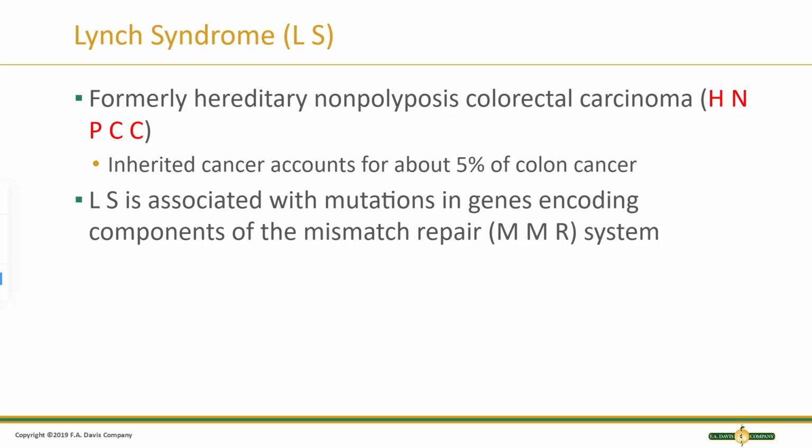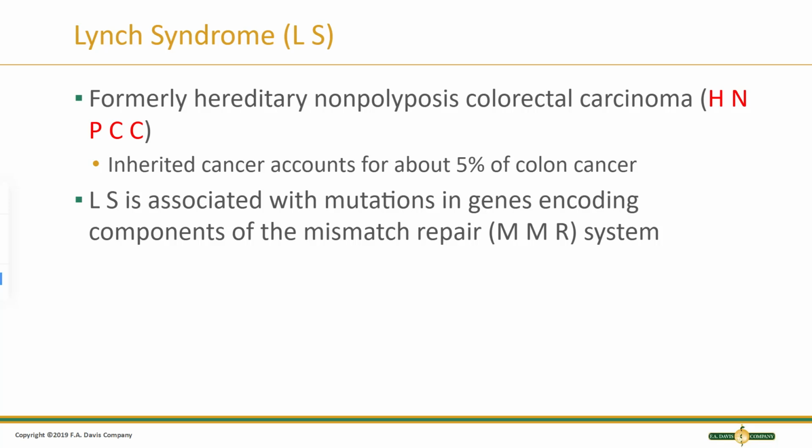The mismatch repair system: when you are making copies of a strand of DNA, you're supposed to be copying it and making complementary bases on the opposite strand. Sometimes a mistake is made where the wrong base that's not complementary is added into a growing chain of DNA. Typically that would be corrected by the mismatch repair system.